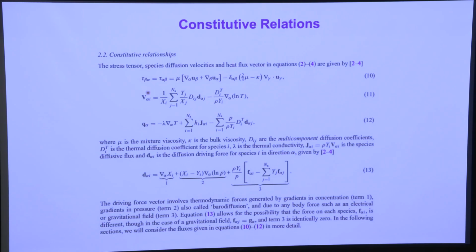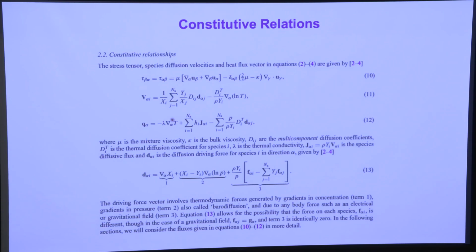We also need a model for the species diffusion velocities, V alpha I, and also for the heat flux vector, Q sub alpha, that appear in the momentum, species continuity, and energy equations. Mu here is the mixture viscosity, K is the bulk viscosity, and D_ij here in the species diffusion velocity is the multi-component diffusion coefficient. D sub T is the thermal diffusion coefficient for species I.